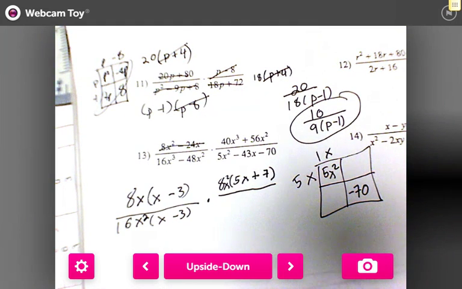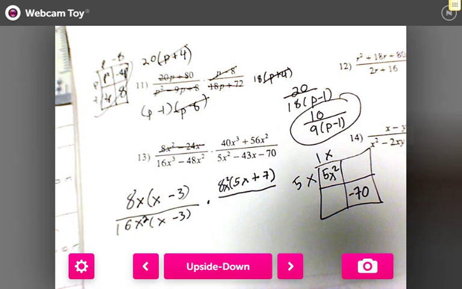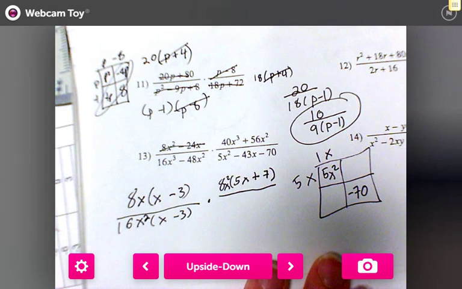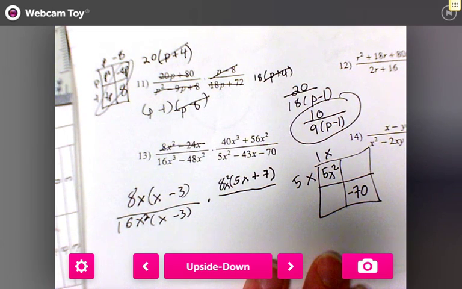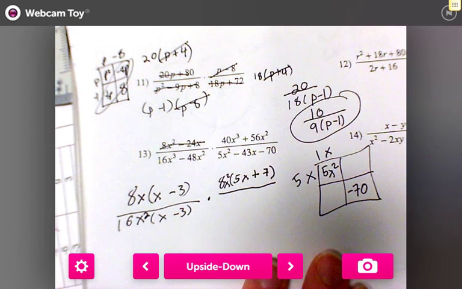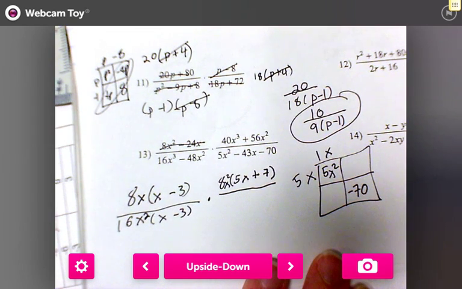Let's think. What numbers multiply to give us 70? I've got 1 and 70, 2 and 35, 5 and 14, and 7 and 10.